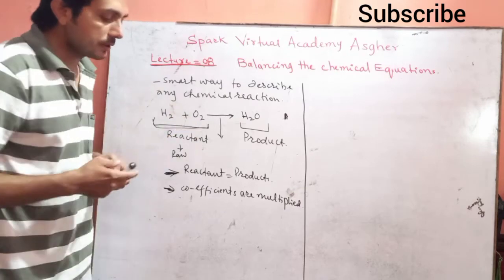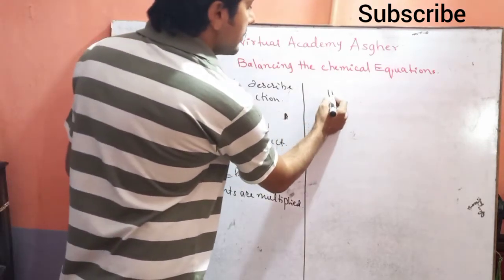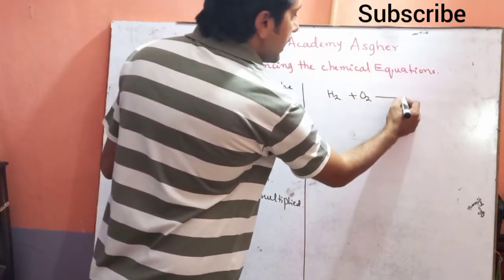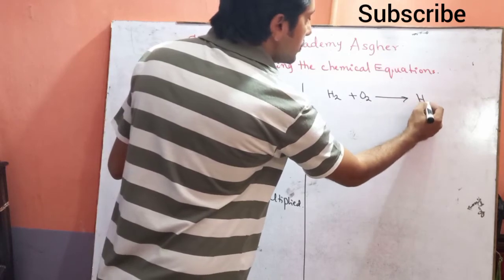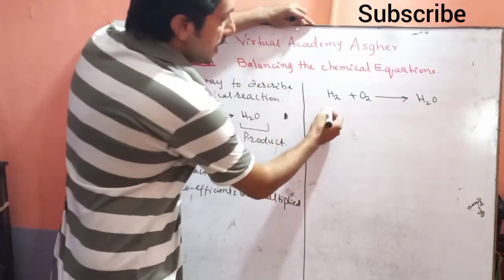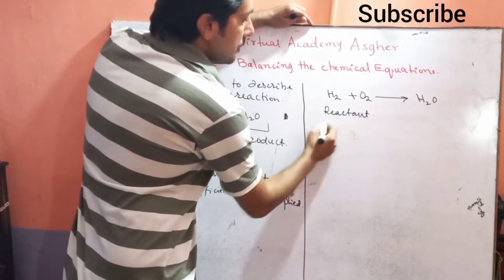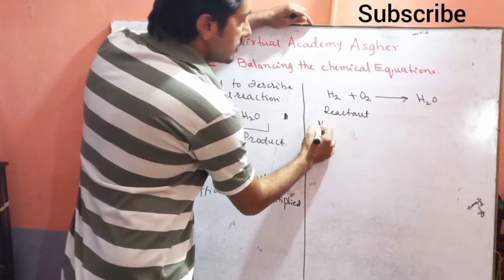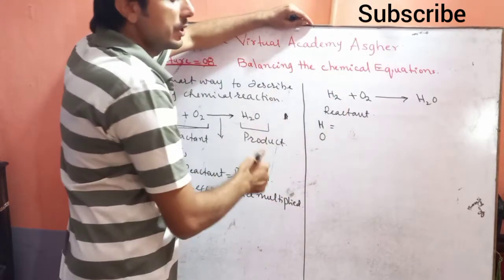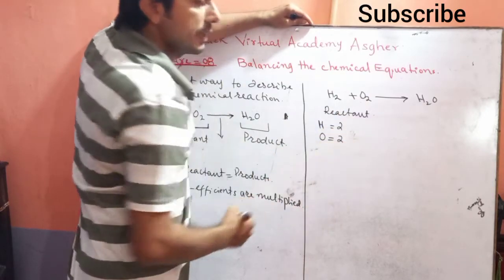Let's do this example. For example, if we are writing down the same example again, as you can see here, there is H2 and O2 as reactants, and the product is H2O. Now here you can see at the reactant side we have two atoms, hydrogen and oxygen, and the number of hydrogen atoms here is 2, and the number of oxygen atoms is 2 here again.